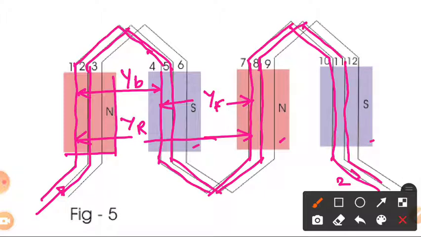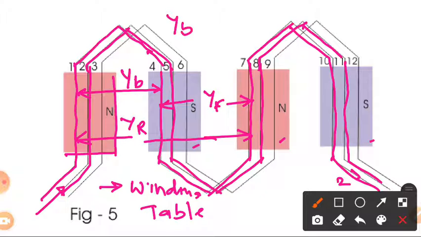For this purpose, as usual, we require a winding table. First prepare the winding table. Based on the winding table, you connect YB and YF, the end connections.